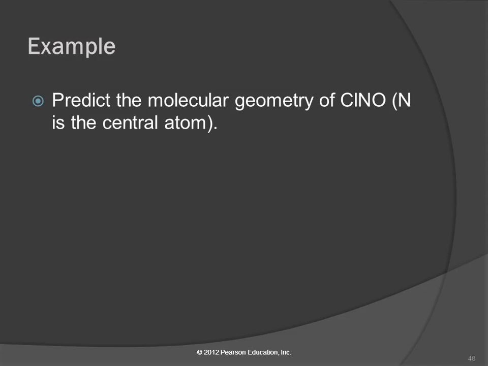So examples, let's do ClNO. And they're telling us that nitrogen is the central atom. So the first thing we have to do is draw a Lewis structure. And it says that N is in the middle. So I'm going to put N in the middle, and I'm going to put Cl on one side, and O on the other side.